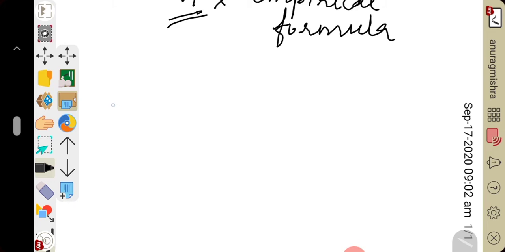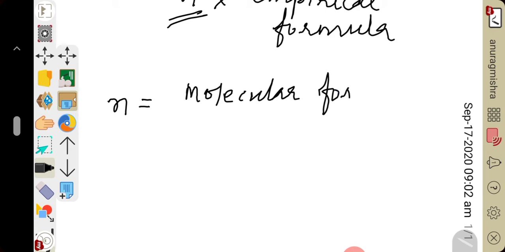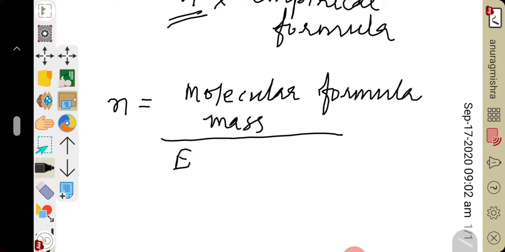n can be calculated as n is equal to molecular formula mass divided by empirical formula mass.